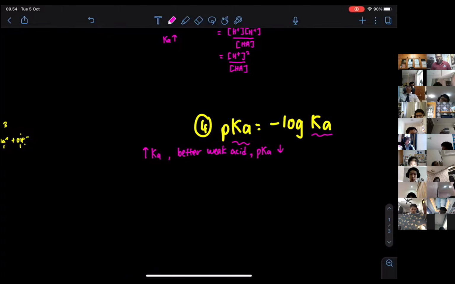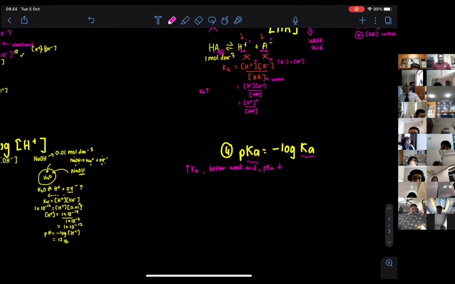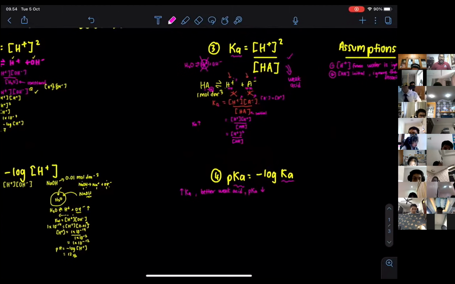When it comes to strong acids like HCl, HNO3, you need not think about how much it's going to dissociate. The answer is it's going to be completely dissociated. So you will not have Ka when we are dealing with a strong acid. We will only use this formula whenever we are dealing with weak acids. This is very, very important.